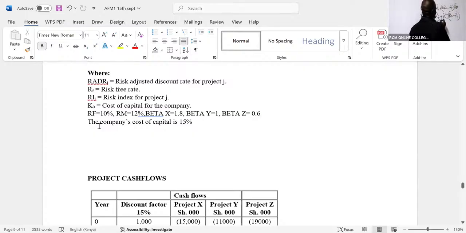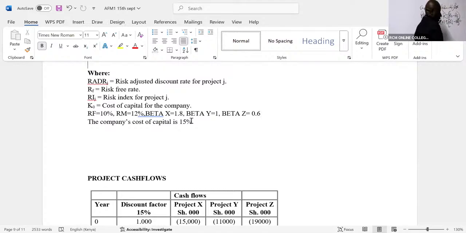So 10% plus the risk index, which is the same as beta for X. You can see beta for X here is 1.8. So 1.8 into the cost of capital of the company, given here as 15%, minus risk-free, which is 10%.